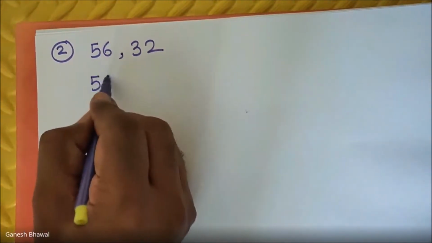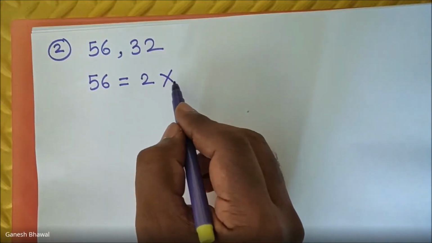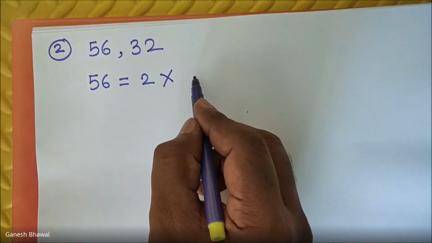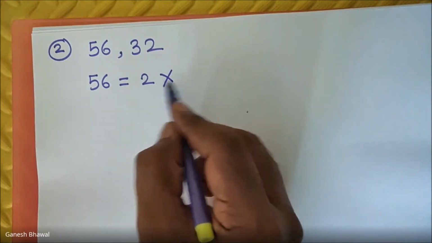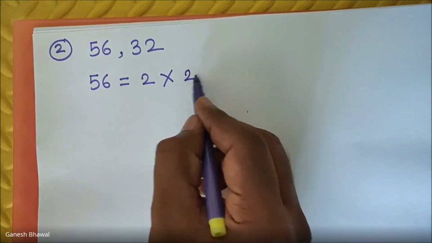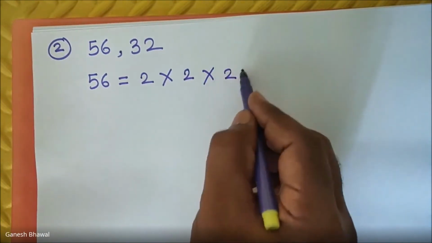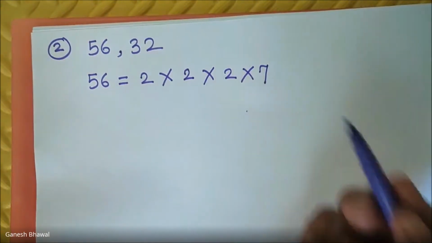Take 56 equals 2 into, here it will come 28. Factors of 28, 2 into 14. In this way.